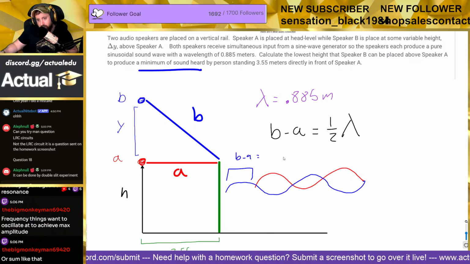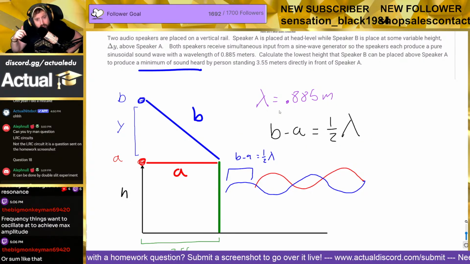So that's what we're trying to do. We're trying to figure out B minus A equal to half a wavelength.